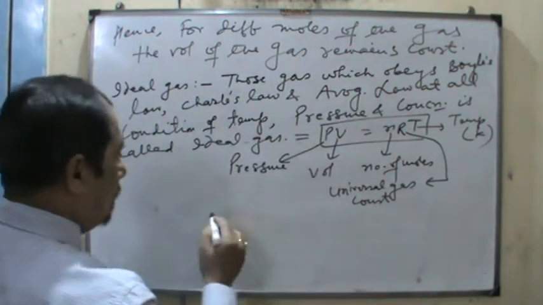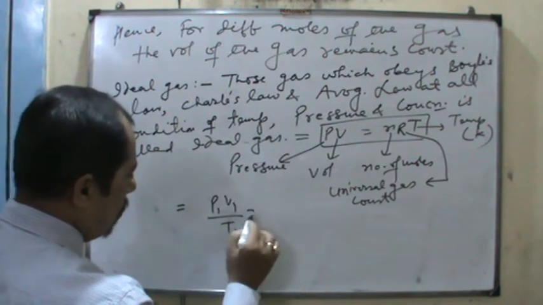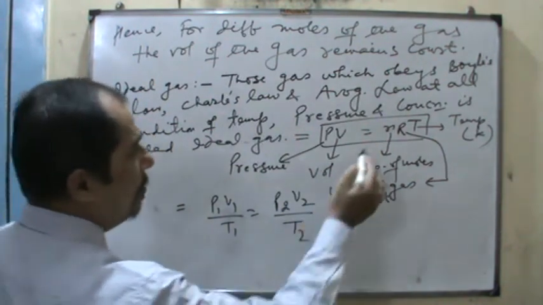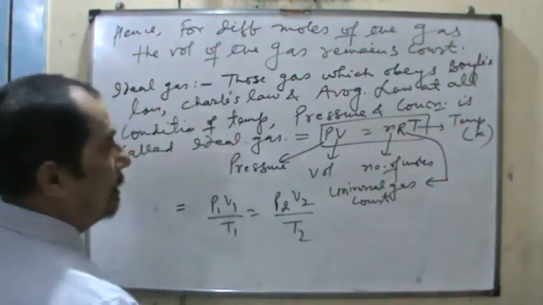With the help of all these, finally we will get P1V1/T1 = P2V2/T2 for n moles of the gas, and R remains constant.